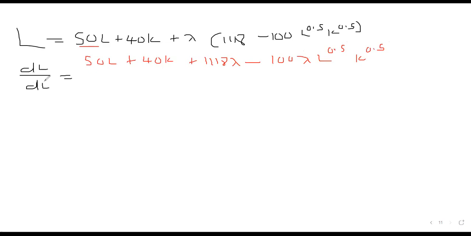So our partial derivative with respect to labor: 50L here gives us 50, and here it is 0. Here we're going to have 0.5 times 100, we get 50. Everything survives as it is because they're multiplying, but only the L is going to have a negative.